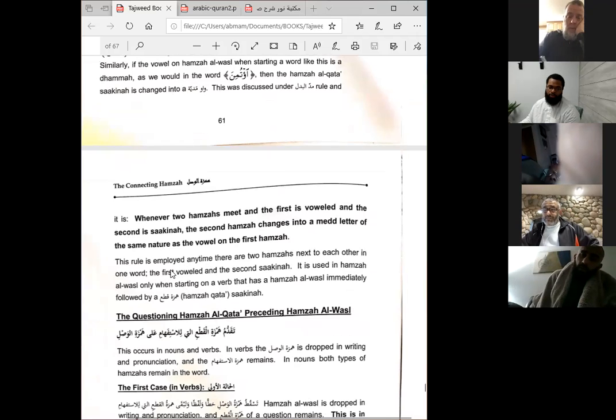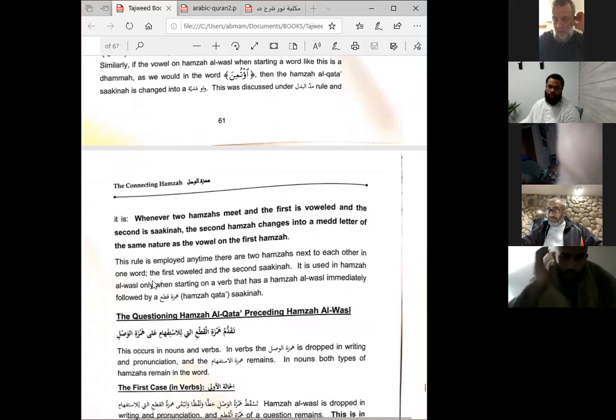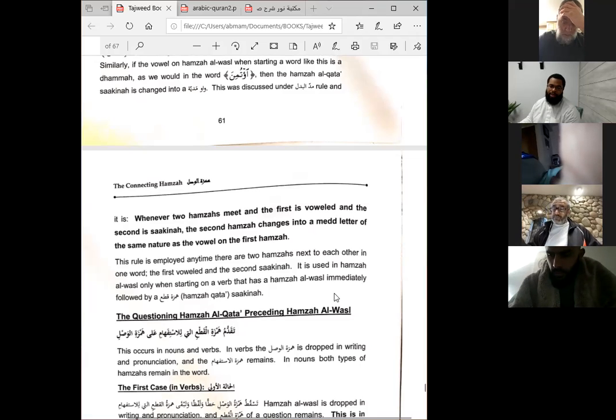This rule is employed anytime there are two hamzas next to each other in one word, first voweled and the second sakina. It is used in Hamzat al-Wasl only when starting a verb that has a Hamzat al-Wasl immediately followed by Hamzat al-Qata' sakina.